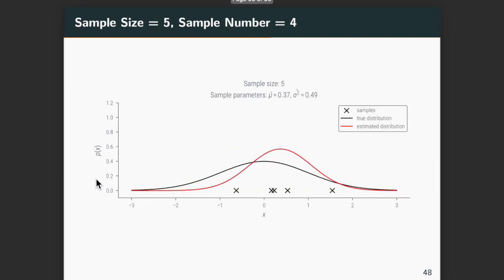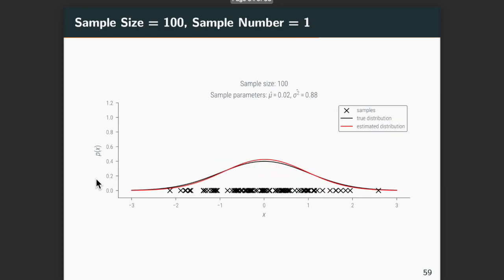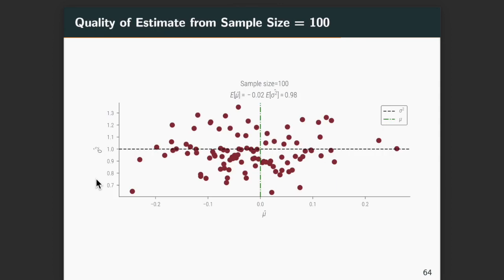And then we saw that as we go to a very large sample size, we have sample size of 100. Now the variance in the mu hat estimator has been reduced very significantly. The expectation is still unbiased, so it's an unbiased estimator, whereas the sigma square is also now almost an unbiased estimator. There's a very minimal bias.